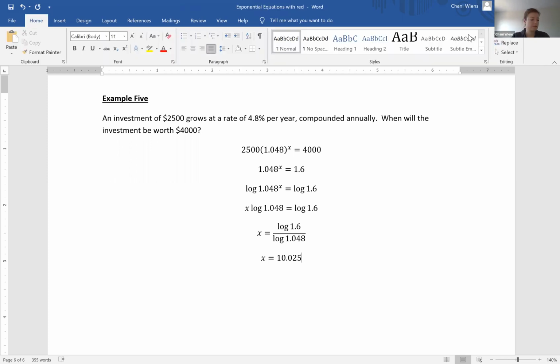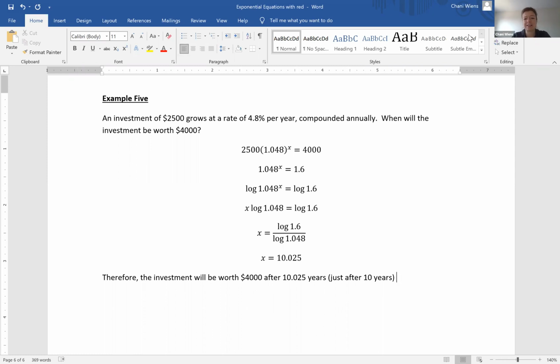Then you can write a beautiful sentence. Therefore, the investment will be worth $4,000 after 10.025 years, or you can say just after 10 years, or if you want, you can turn 0.025 into a number of days. 0.025 times 365 days in a year is about 9 days.